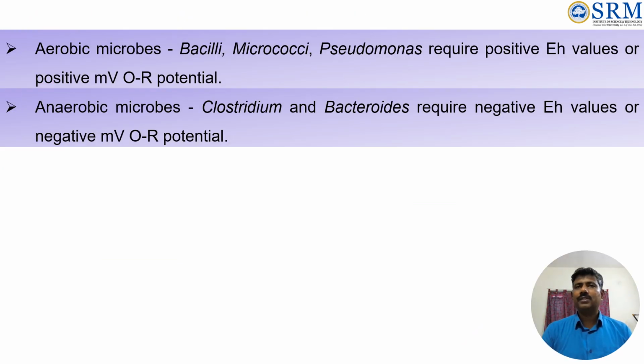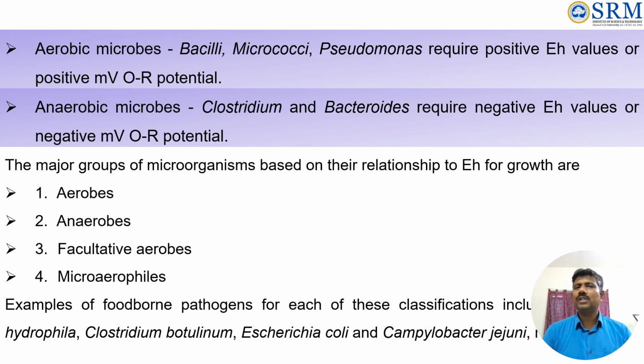Aerobic microorganisms require a positive EH value or positive mV OR potential. Examples of aerobic microorganisms: bacilli, micrococci, and pseudomonas, etc. Anaerobic microorganisms require a negative EH value or negative mV OR potential. Examples: Clostridium and bacteroides.